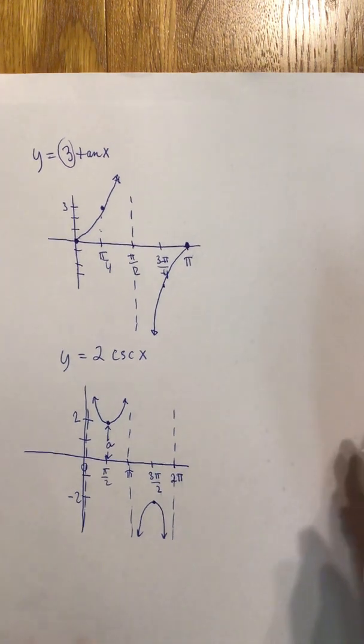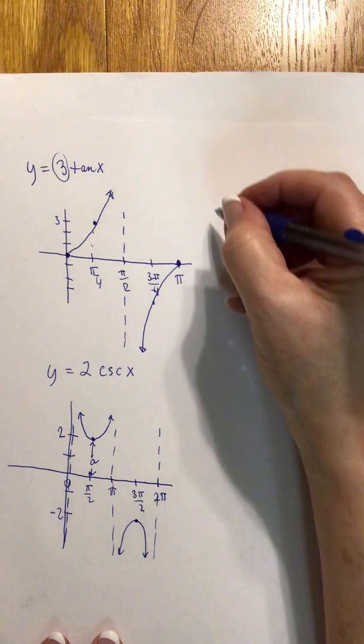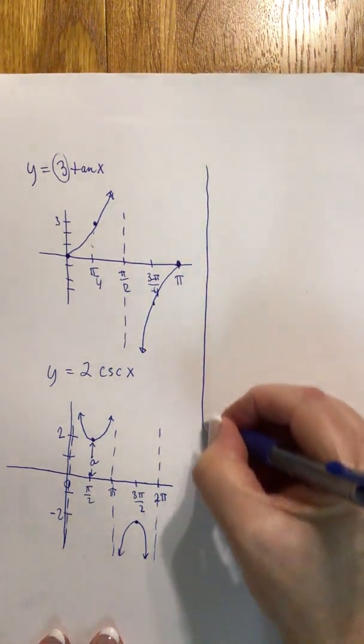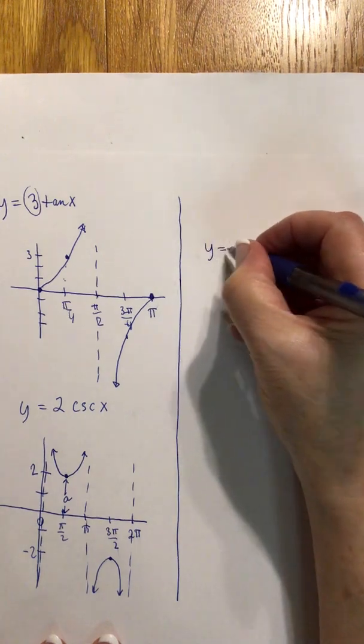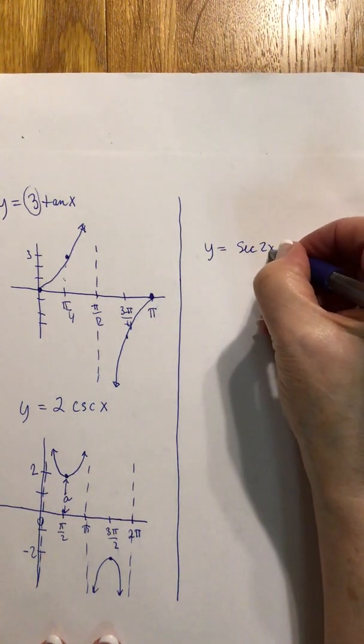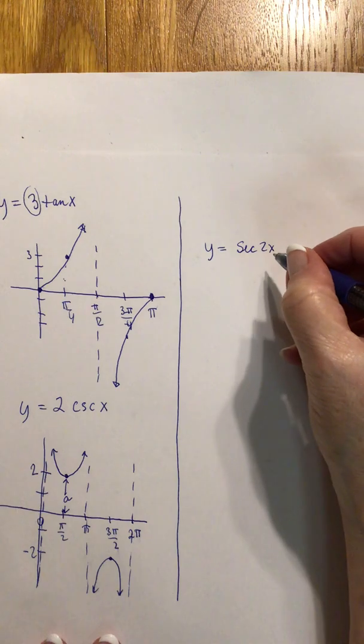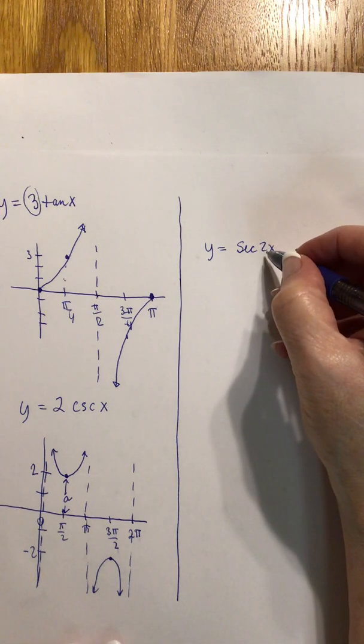Okay, now let's try a secant. So I'm going to have y equals secant 2x. So now this 2x inside here is my b, right? So that's going to be the b inside.